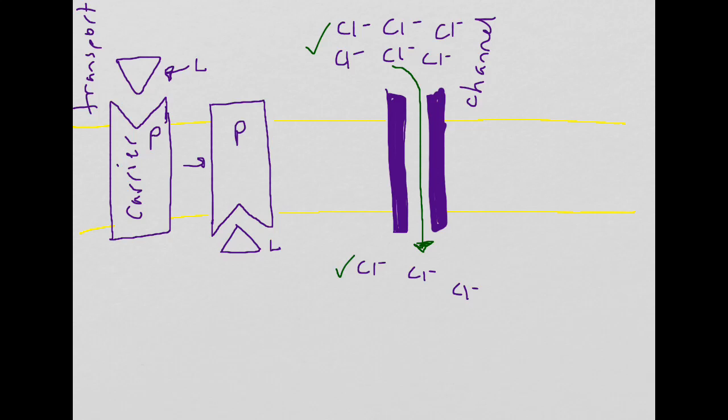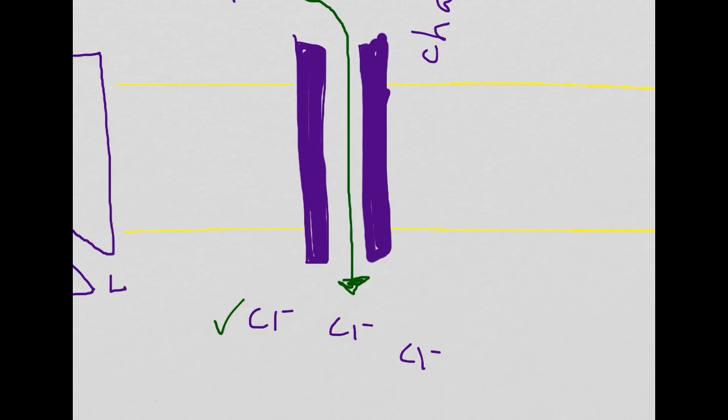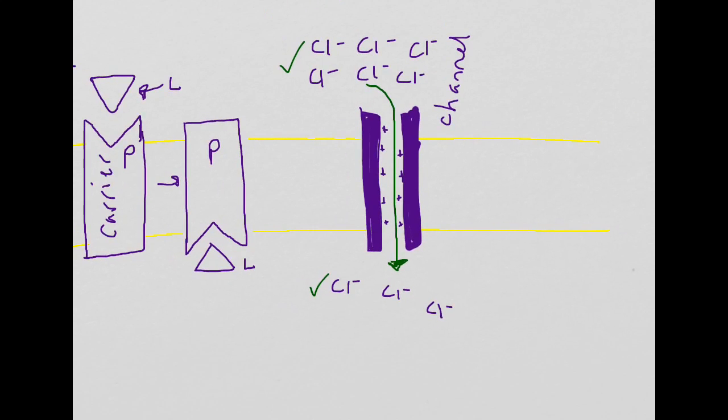So what they do is they put some positively charged R groups, maybe a little bigger here, lining the channel. If you've got positively charged side groups on your amino acids of these proteins lining the channel, those chlorine ions are going to be happy to go through there because opposites attract.